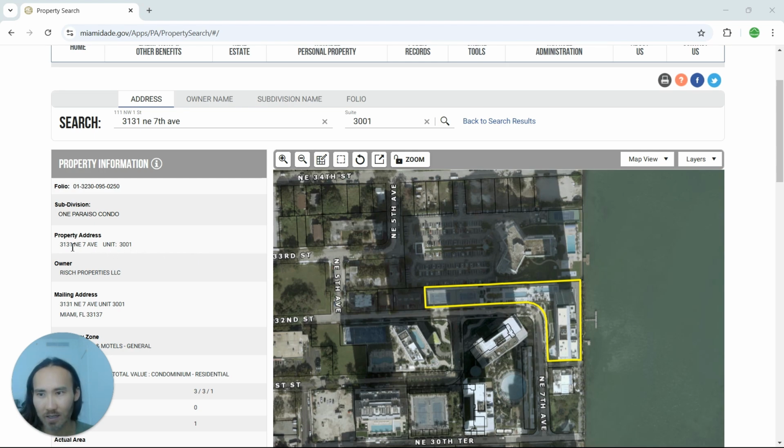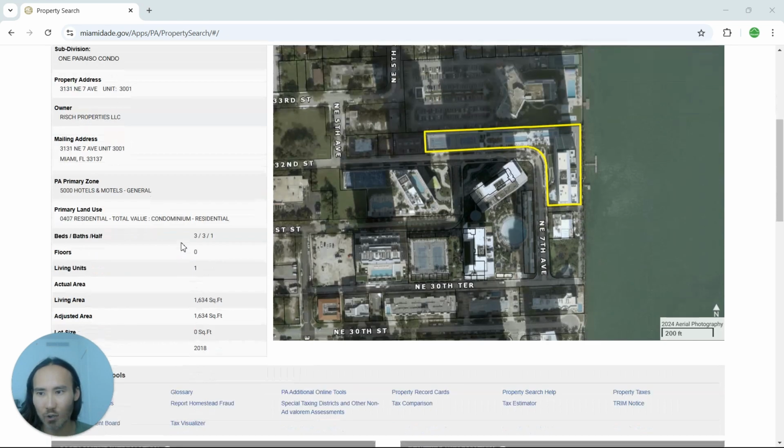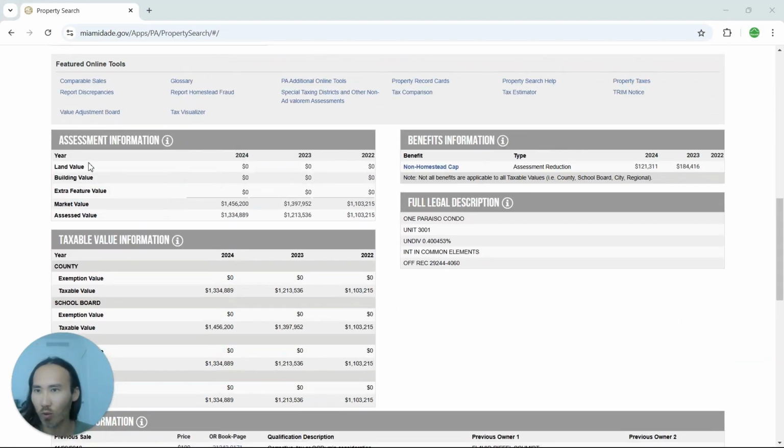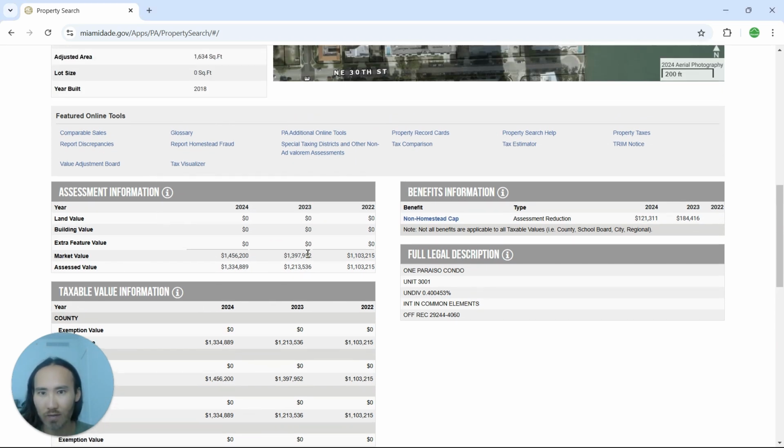So this is an example in a condo building in Edgewater. You search by the unit number, and then you'll quickly come down to this very important section, assessment information. You'll see market value for the current and basically 3 years worth, and the assessed value. These are different, and you'll see here in 2022 they were actually the same.